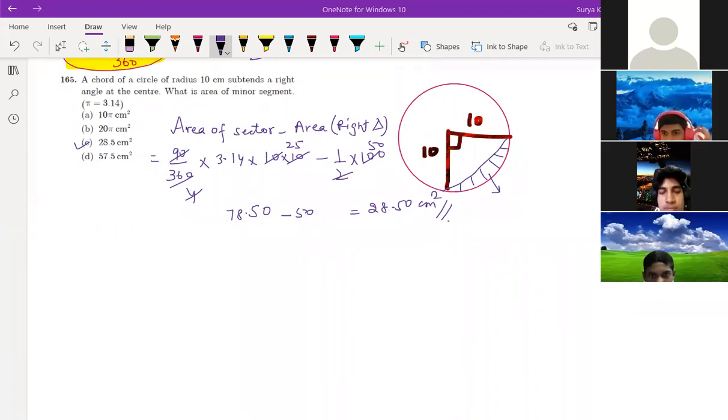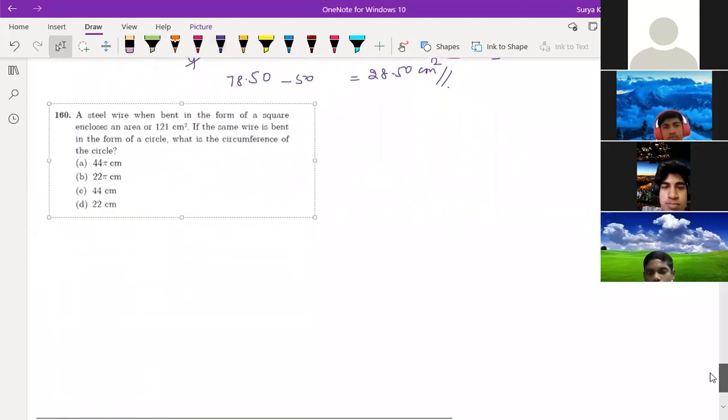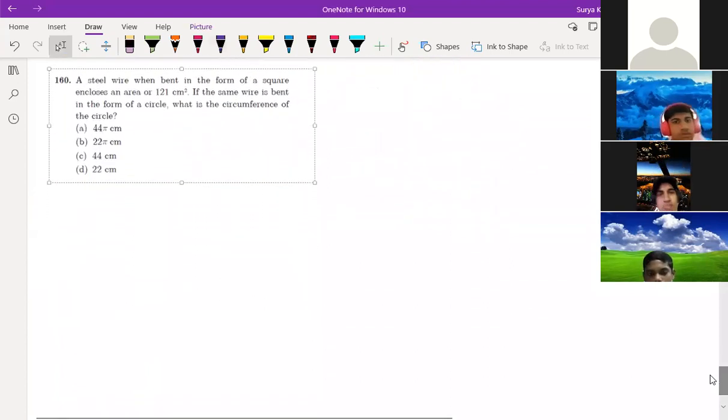This one you find, steel wire bent into something. All of you solve this question. A steel wire, when bent in the form of a square, encloses an area of 121 centimeter square.